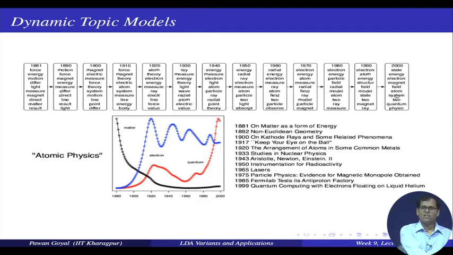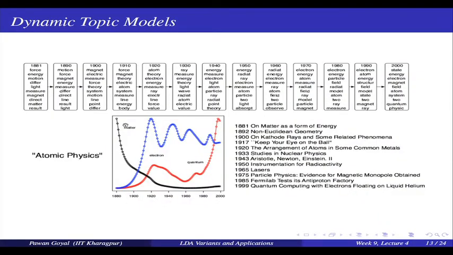You see the word quantum comes up and the word electron comes up, which are not there at the initial time point. You can see this over time, and this is a nice plot that shows how these three words vary over the decades in this topic. Initially, matter has a very high probability, but then it starts decreasing over the decades.